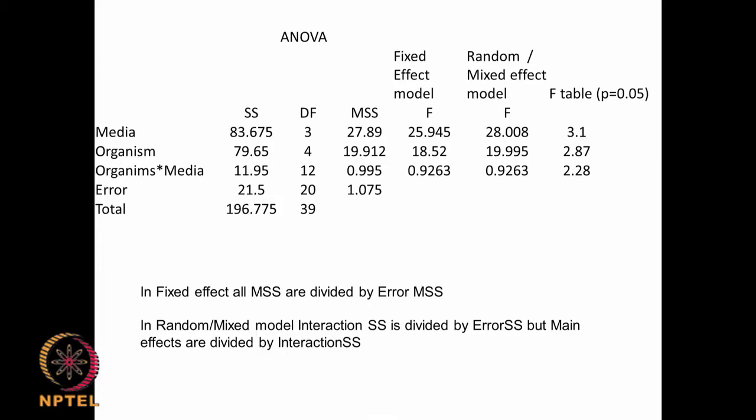If you want to find out effects for interaction, generally what do we do? If principal effect 1 has certain degrees of freedom df1, and principal effect 2 has df2, the interaction effect will be df1 into df2. When I calculate the error degrees of freedom by subtracting all these degrees of freedom from the total, I should have at least 1 degree of freedom for error, then only I can do an F calculation, because the mean sum of squares of error comes in the denominator.